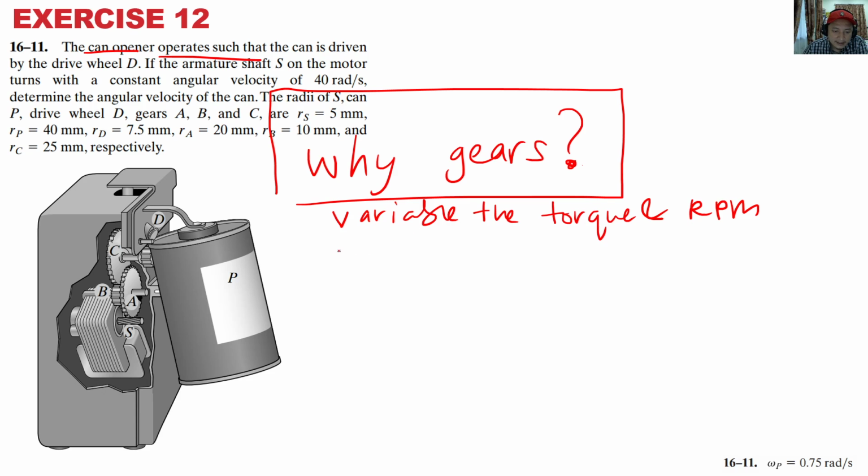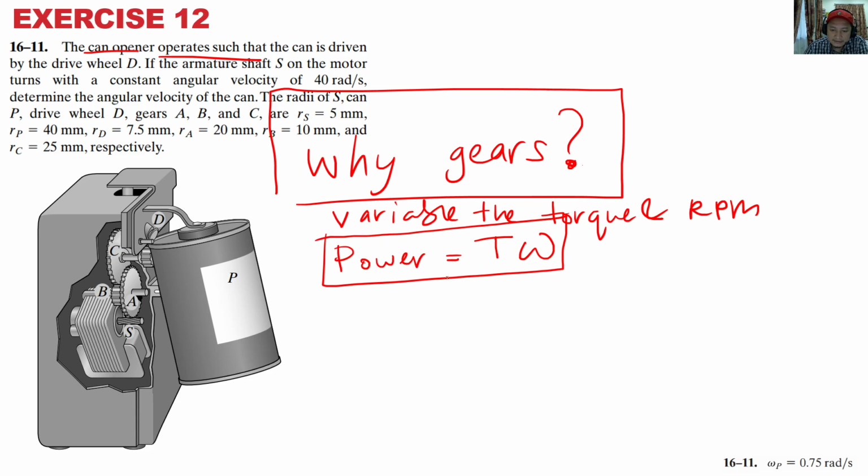Later on you will learn that power is equivalent to torque times omega. Where does this come from? It comes from force times velocity, right? If you still can't remember, force times distance over time.